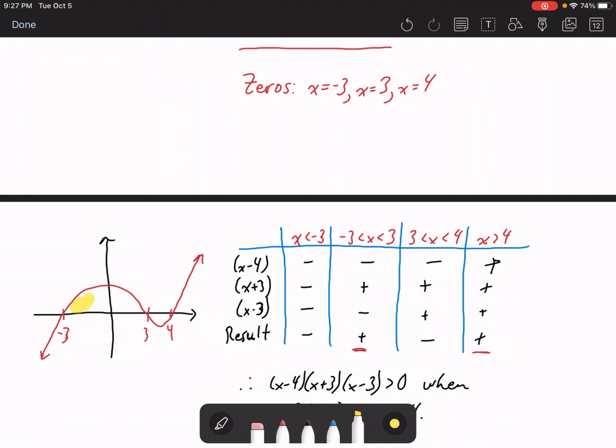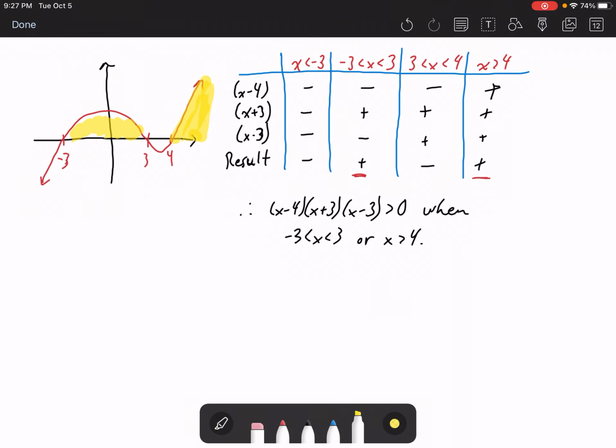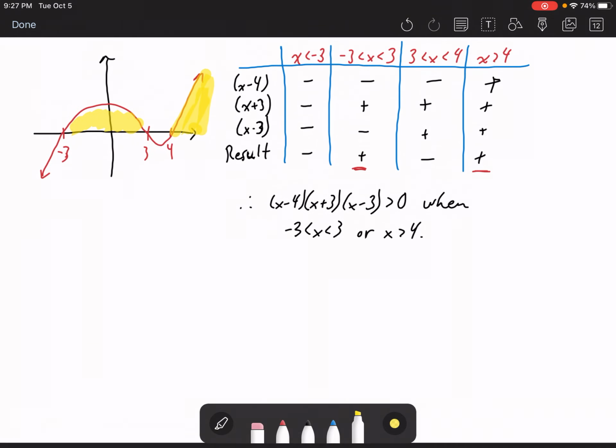And this is where it's positive, and this is where it's positive. Looking at those, you can see where the domains are. So you can use this interval chart. You can also use this sketch to help you figure this out.